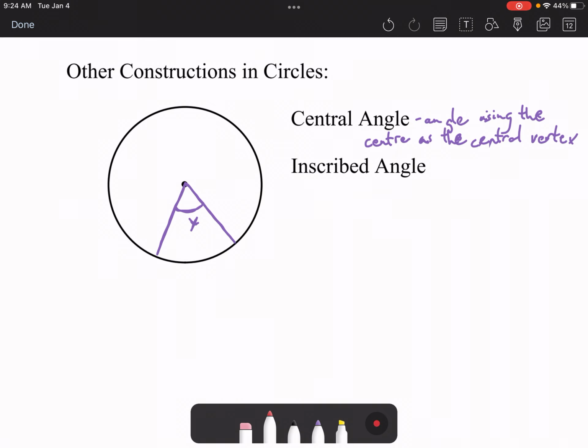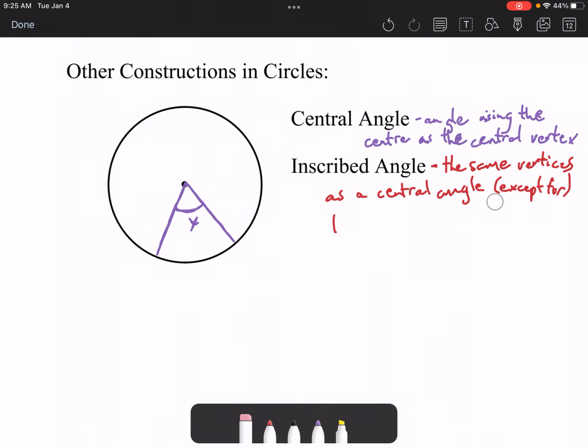Well, an inscribed angle turns out to have the same vertices as a central angle, except for the center.